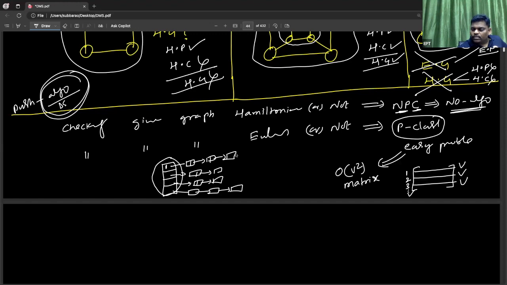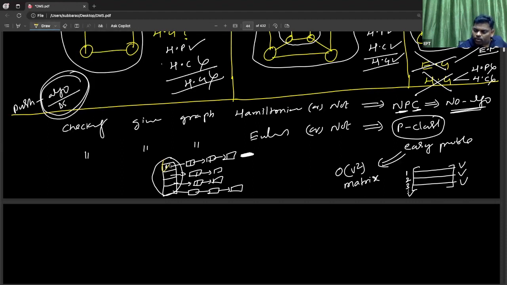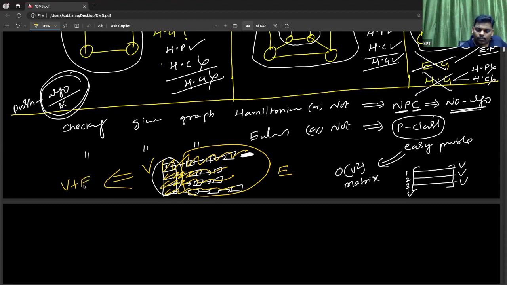If you want to visit this list, you have to visit vertex followed by this, vertex followed by this, vertex followed by this. These all lead to E, edges, and these all lead to vertices. Totally you covered vertices and edges one time: V plus E. So the answer is order of V plus E.